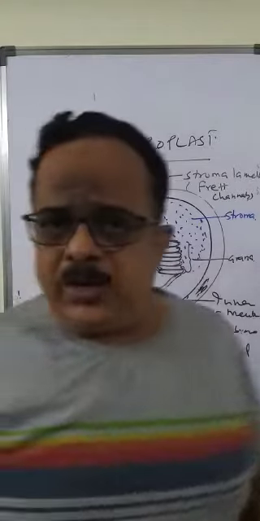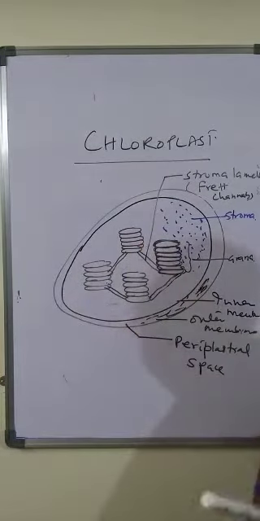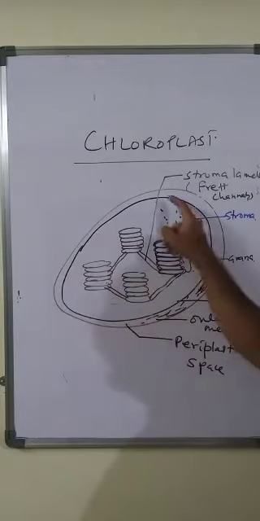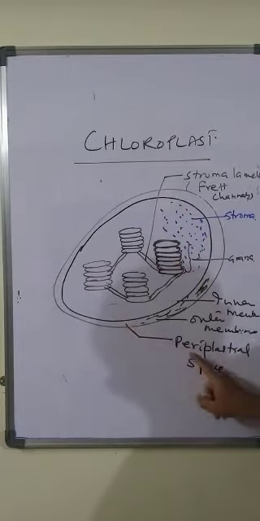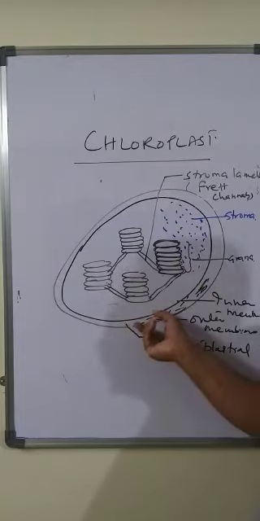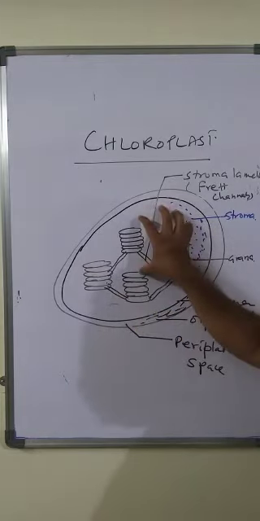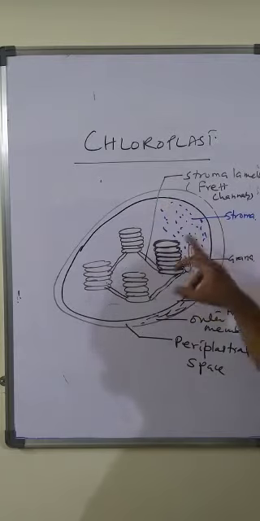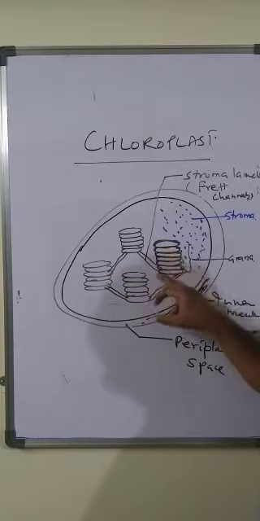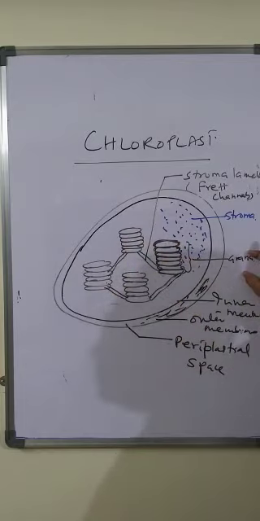Okay. So once again I am repeating. This is the chloroplast structure, and chloroplast is covered by two membranes, outer and inner membrane. The space present between the outer and inner membrane is known as periplastidial space, and the thickness of the membrane is 60 angstrom. Inside this chloroplast, the liquid matrix present is known as the stroma, and in the stroma, stack-like structures are present, known as grana.